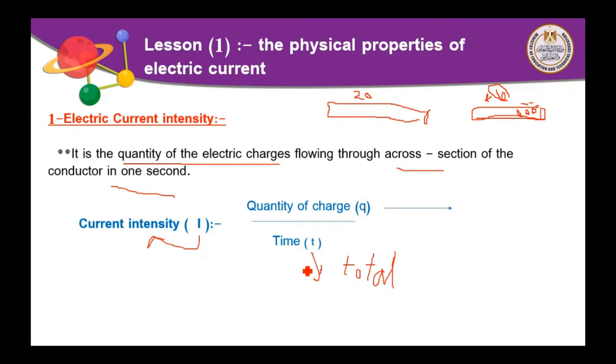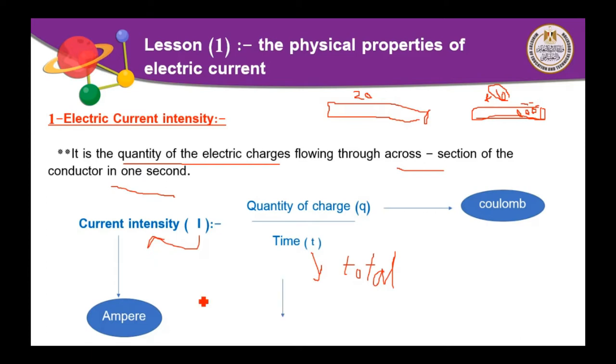The electric current intensity is measured by ampere, named after the scientist Ampere. The quantity of charge is measured by coulomb. Time is measured in seconds. From this we can conclude that ampere equals coulomb per second.